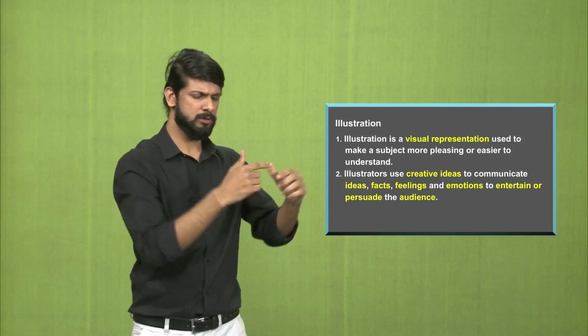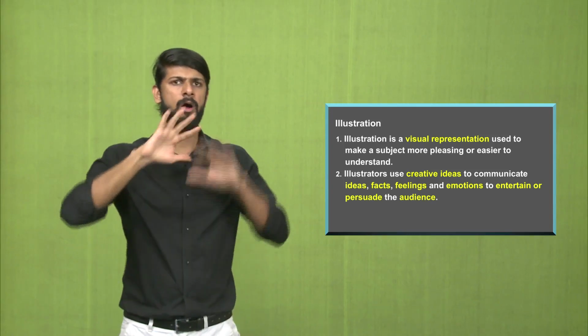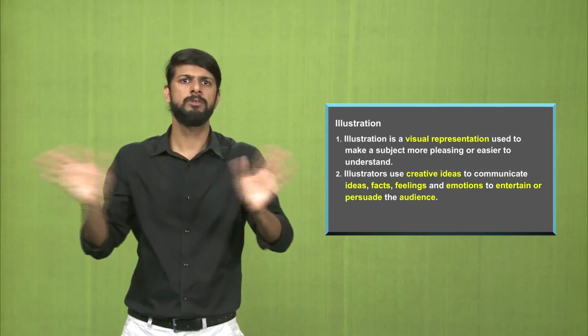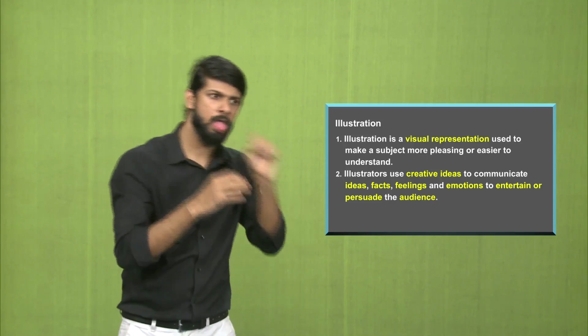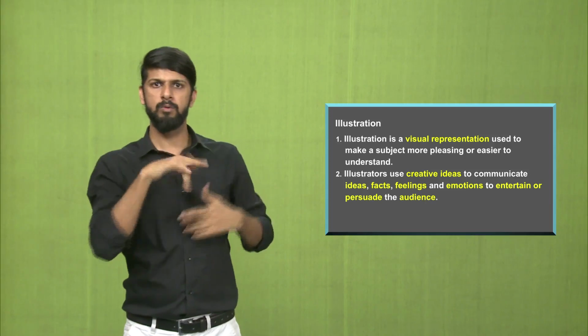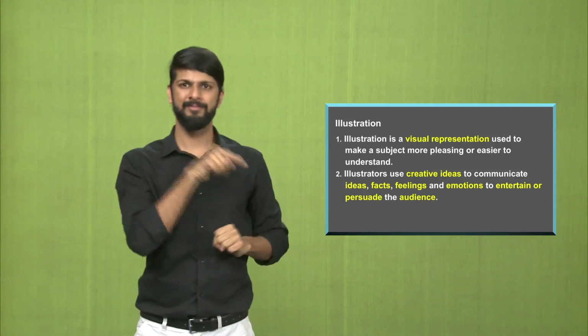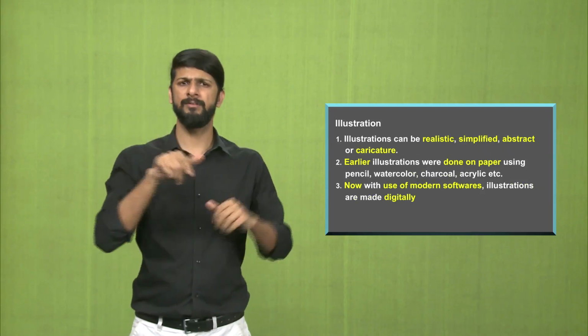So, in an illustration, if there is a person who is trying to plant a tree, we would automatically be able to feel the emotion that people are cutting trees, they are not careful for nature, and these ideas persuade the audience.